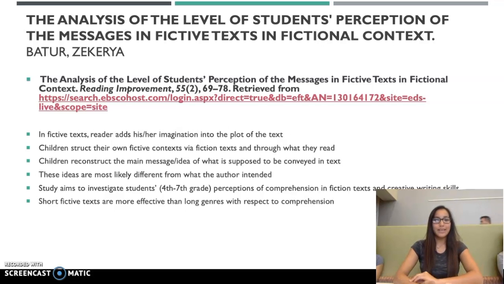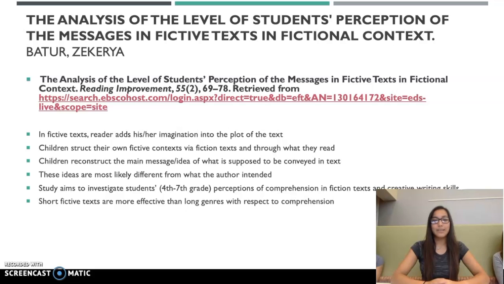So in fictive text, readers add their imaginations to the plot of the text, obviously, and children construct their own fictive contexts via fiction texts and through what they read. Children reconstruct the main message and idea of what is supposed to be conveyed in the text. So when they read a fiction text, even though there probably is some sort of plot that the author is trying to get across, because it is fiction, children may construct their own ideas of what the main message is.